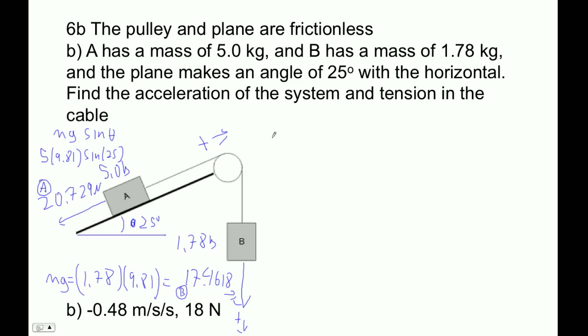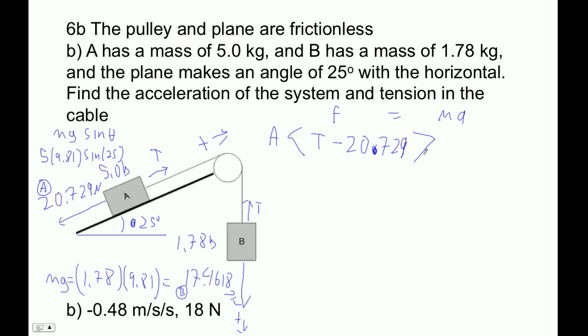So if we look at the situation for A, we set up F equals ma, right? That's all we're doing now. Right? We'll end up with, well, the tension is up the plane, right? And here the tension is up on this guy, right? So tension minus 20.729. That's supposed to be a decimal point. Okay. There.